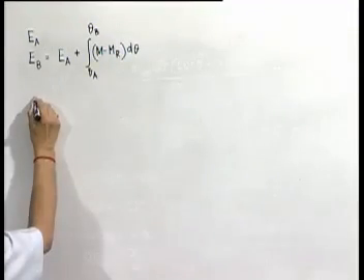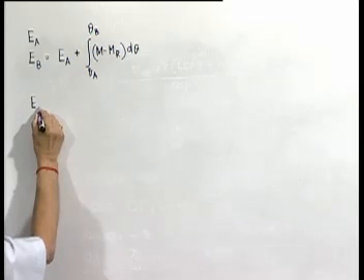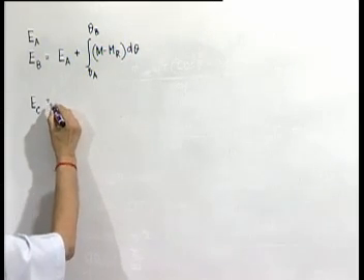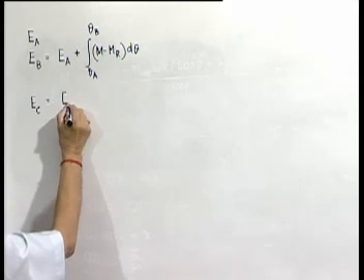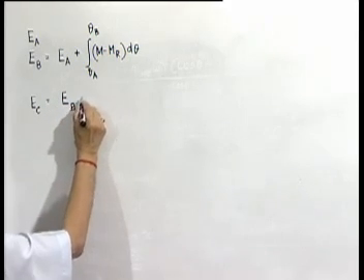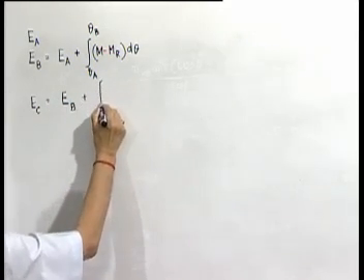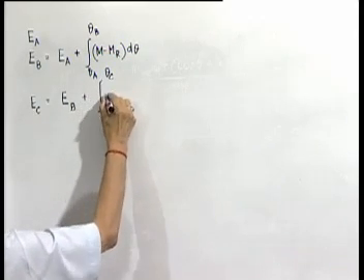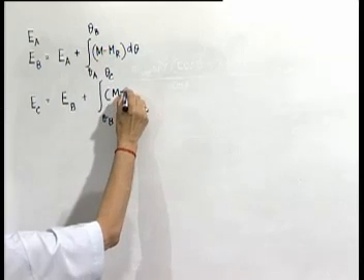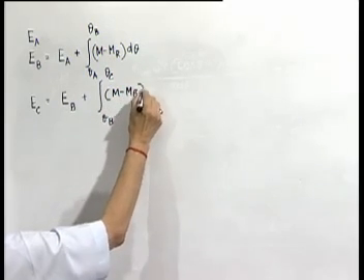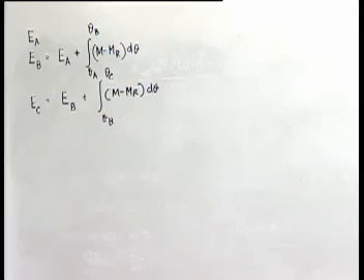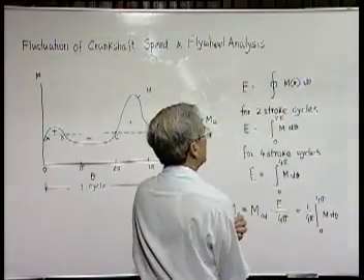Similarly, the energy at point C will be EB plus the integral from theta B to theta C of m minus mr d theta. But remember, m minus mr is a negative quantity, and so actually it is going to be a negative quantity.